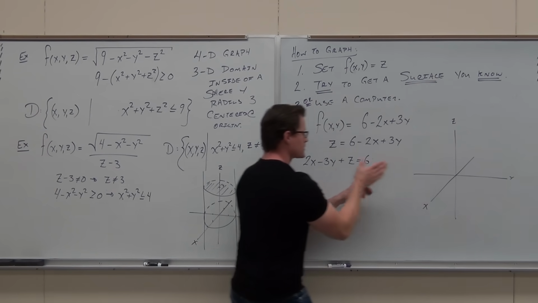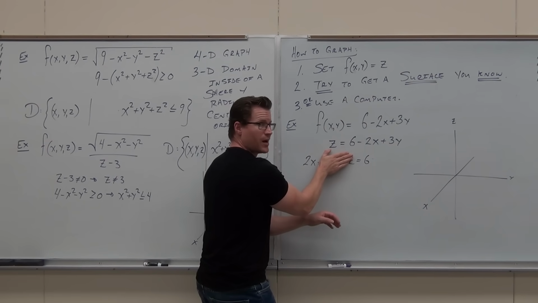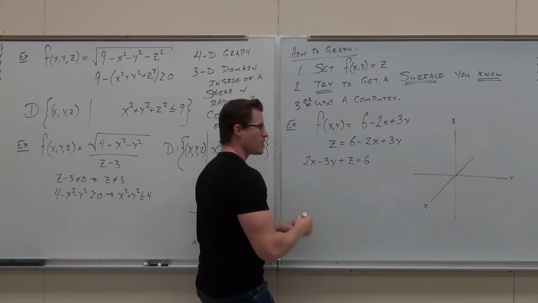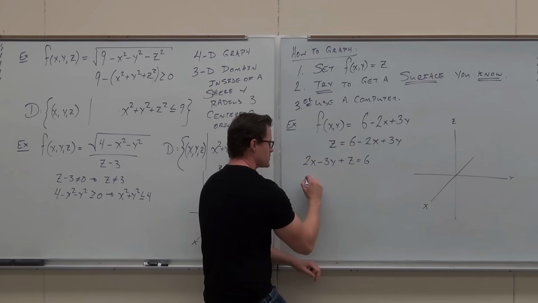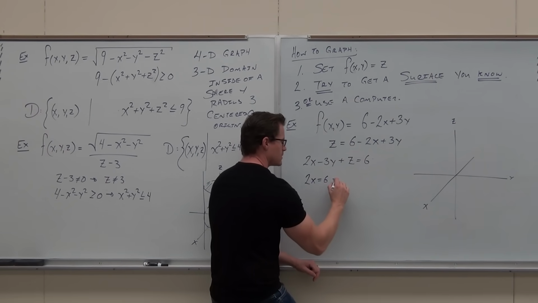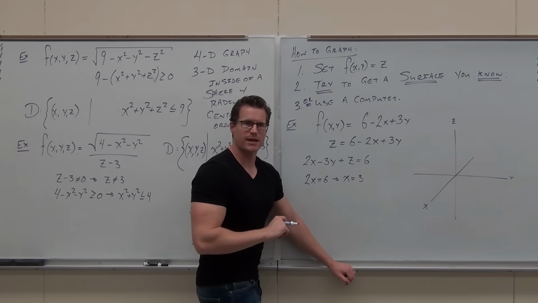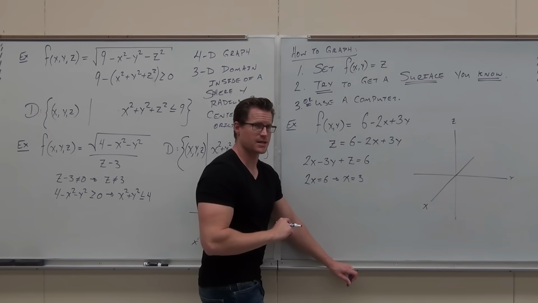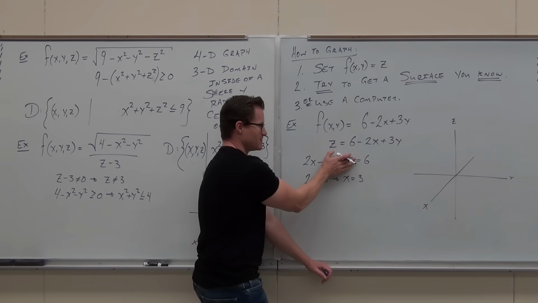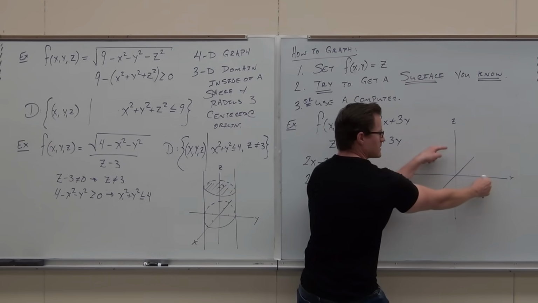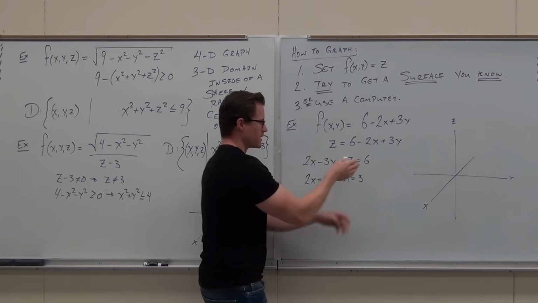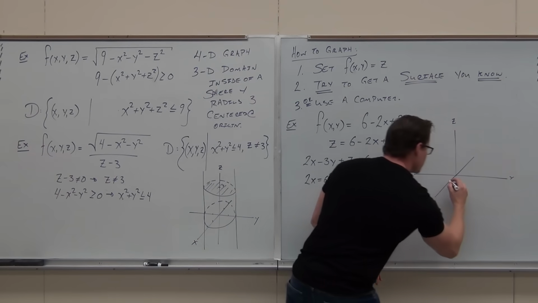So if I plug in 0, 0, or just cover it up, I'm going to get the x-intercept. So cover up all the variables but x, you get 2x equals 6, x equals 3. Did you catch that? I know for a fact that this plane will intersect the x-axis at x equals 3. Kind of neat, right? Just cover them up, man. 0, 0 for y and z means you're on the x. Solve for x. We get x equals 3.